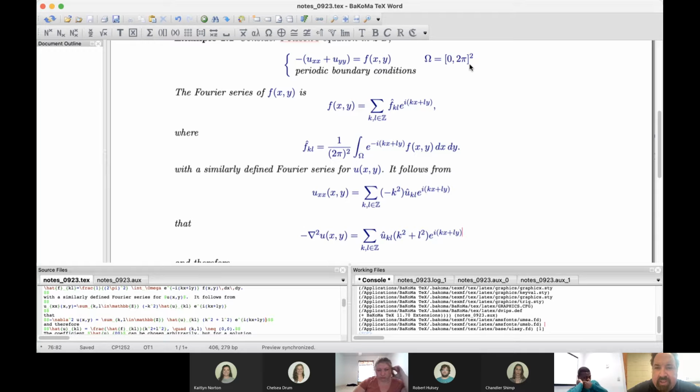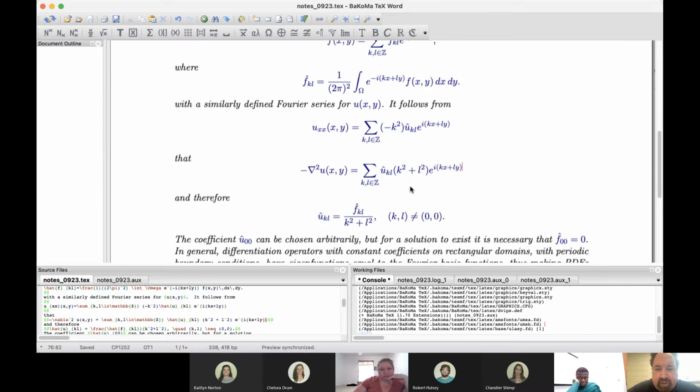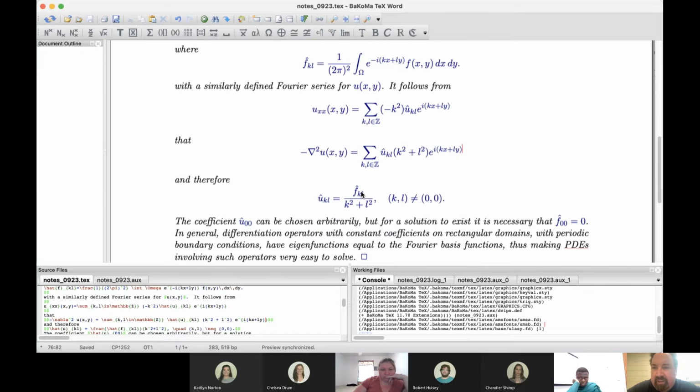It's FFT2, to get the coefficients f hat. So once you have those, then you would divide them by the appropriate sums of squares, k squared plus l squared, and then you would use Matlab's IFFT2, the inverse two-dimensional fast Fourier transform, to go back and get u of x, y.